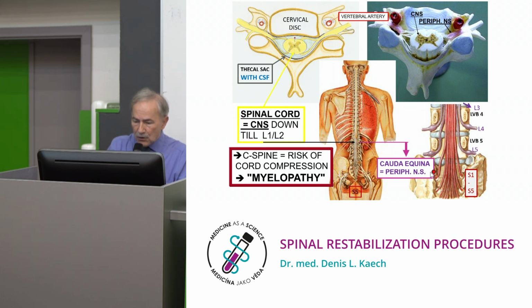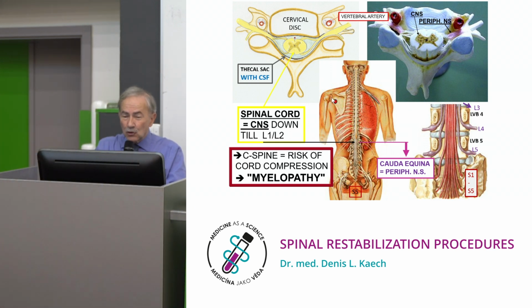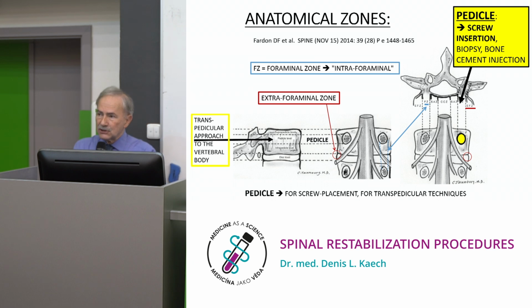This is peripheral nervous system. So if peripherally a nerve is compressed, it's a peripheral nerve compression. And if the cord is compressed, it causes myelopathy, which has more damage and functional impairment.